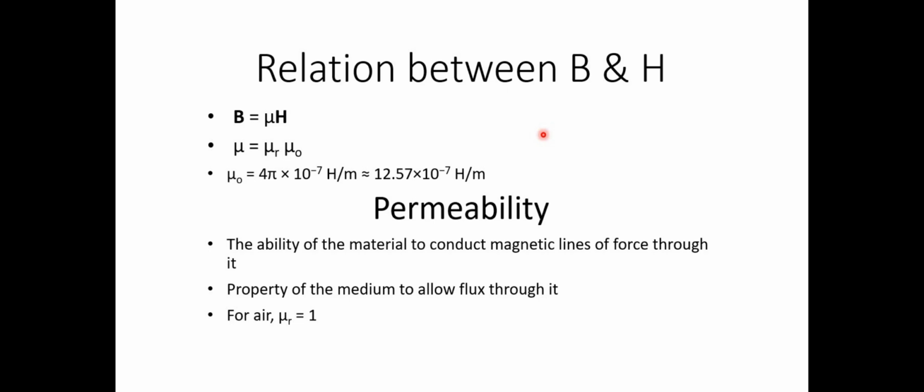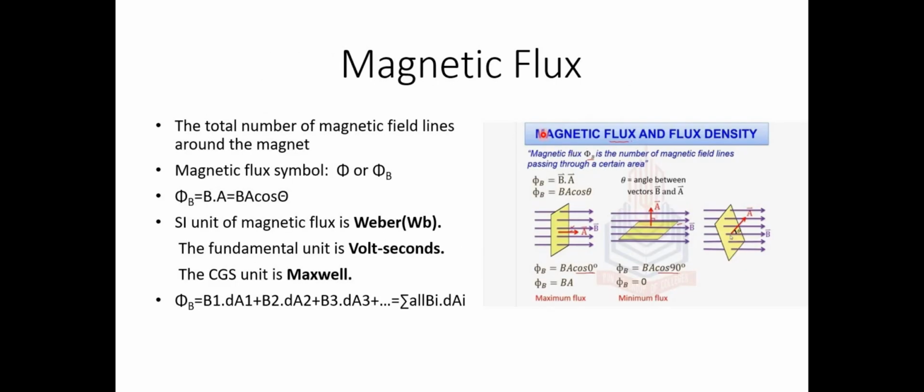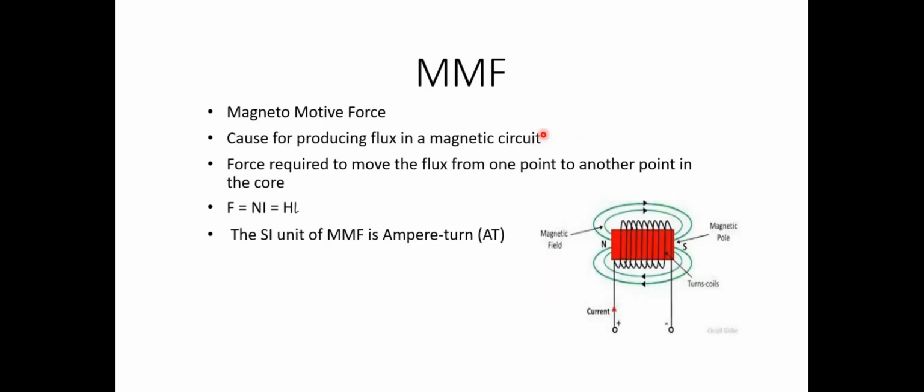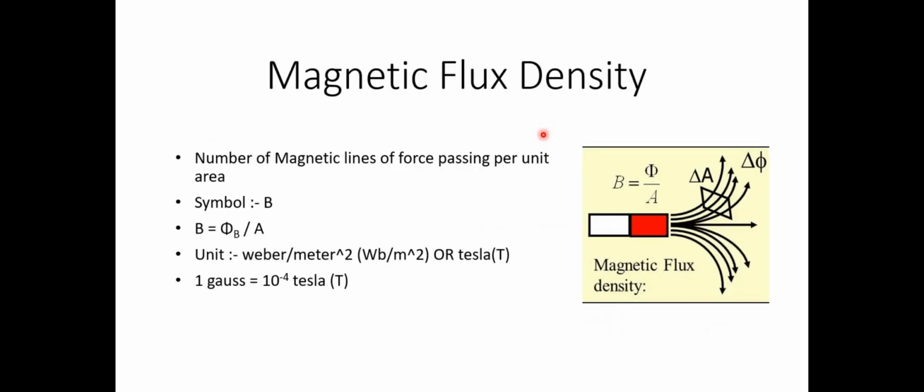Next is the relation between B and H. Before seeing this slide, I will just explain what we have seen so far because it is a little bit confusing. So many definitions are there. Magnetic flux is the total number of magnetic field lines around the magnet, and MMF is the cause for producing the flux.